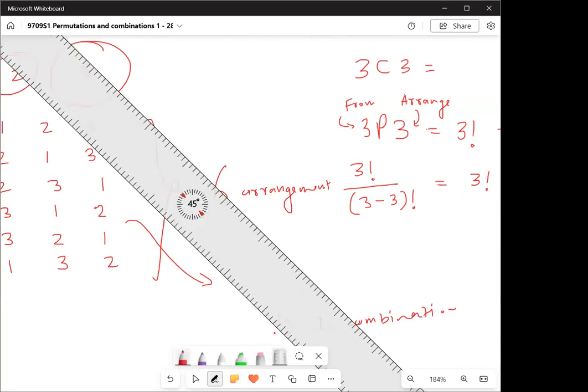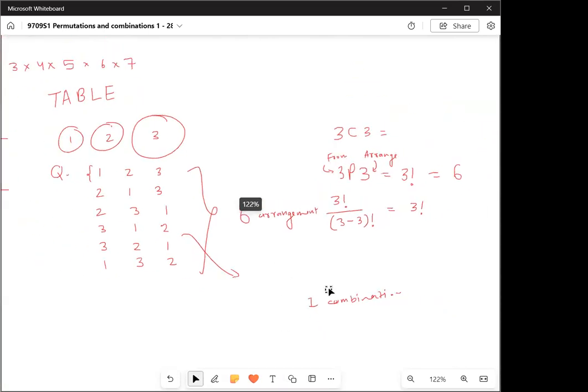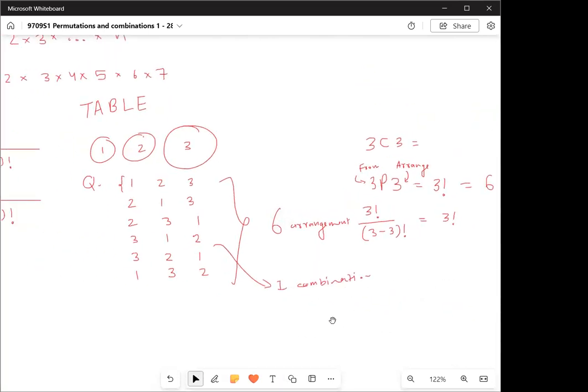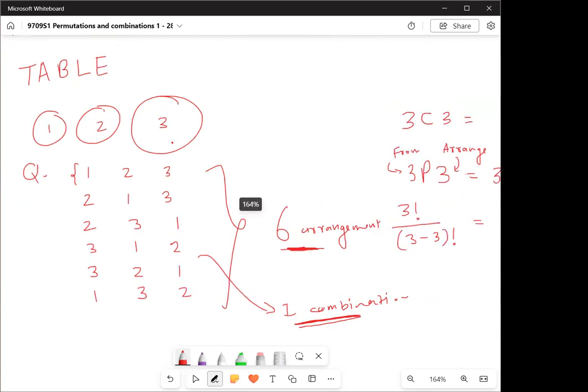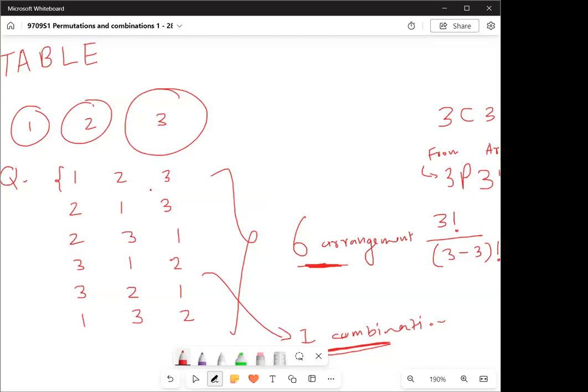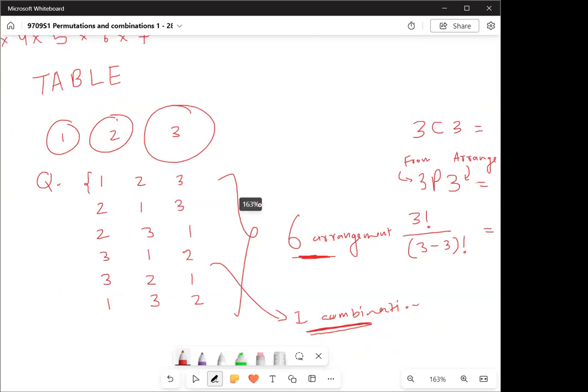So is it like a unique way of placing them? This is a unique way of placing them, and here you just throw it in the bag, and it doesn't matter how they're placed as long as they're in the bag. In each of these options, it's the same number which is in the bag. So there's only one combination in the bag.